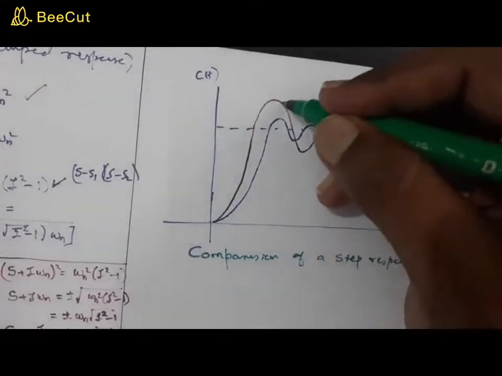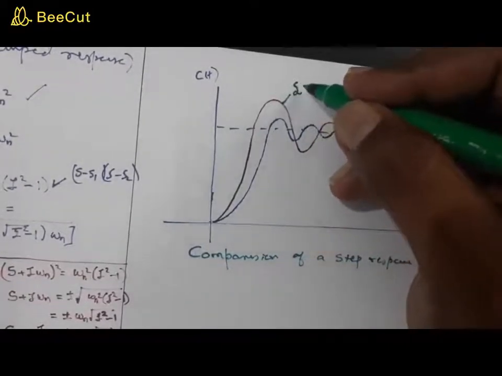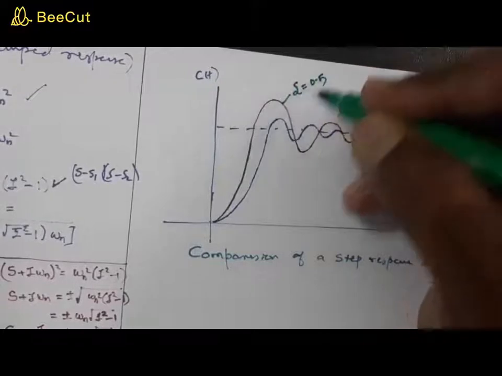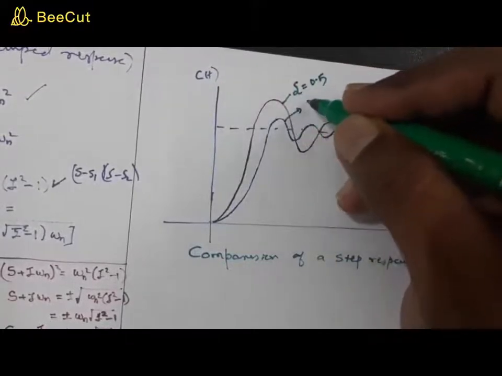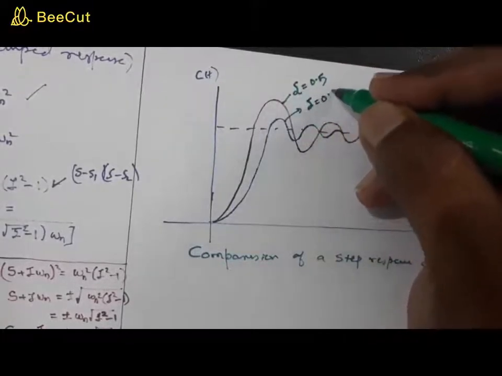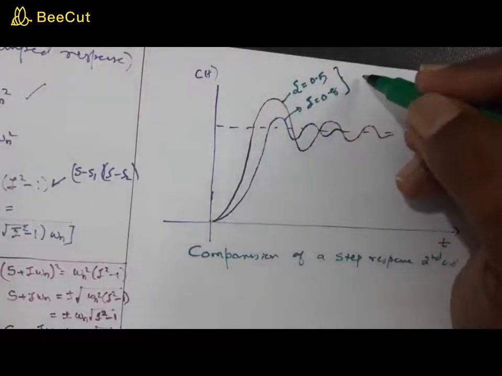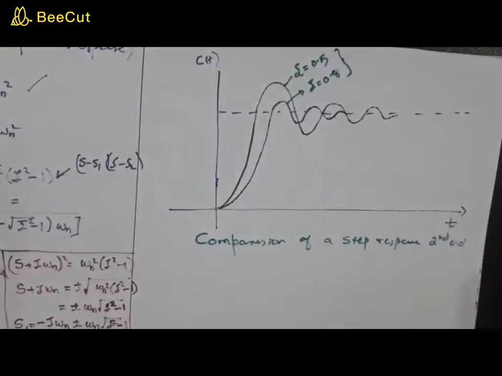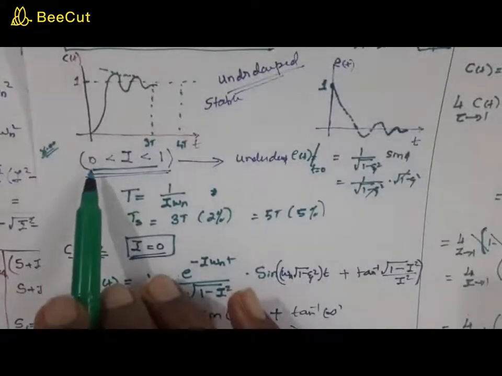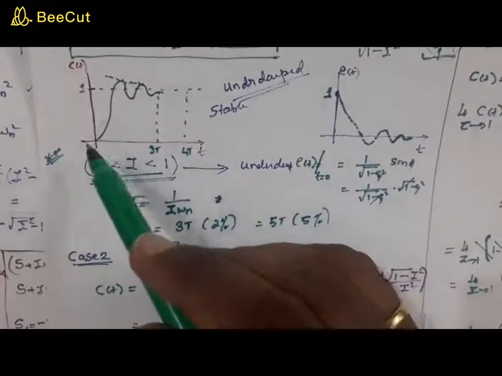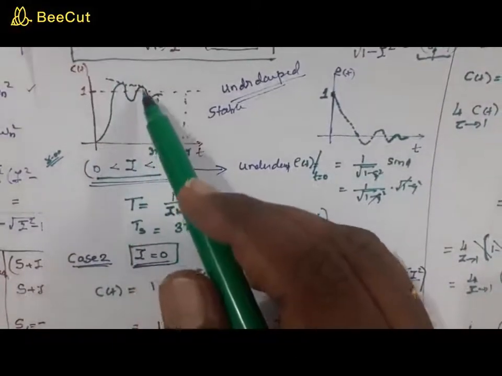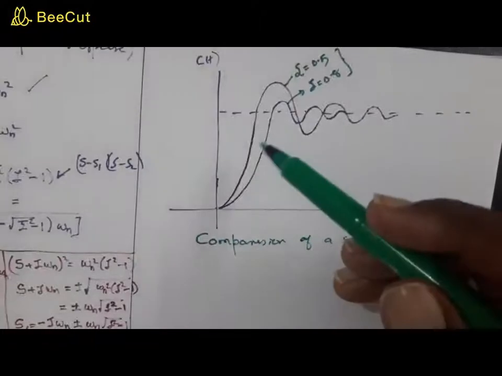Now I am putting theta equal to 0.5, and this one is for theta 0.8. In these two cases, this lies in case 1, that is where theta lies between 0 and 1. So you get a graph similar to this shape. That's why I have drawn it in this shape.